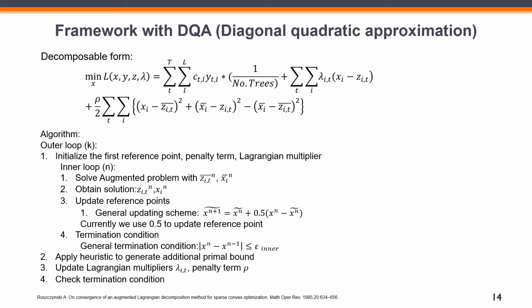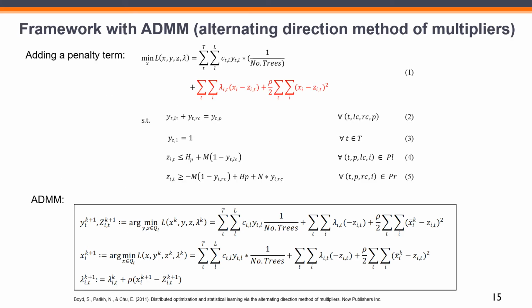And we also apply heuristics to generate additional primal bounds, update the Lagrangian multipliers and obtain our dual bound from Lagrangian decomposition.